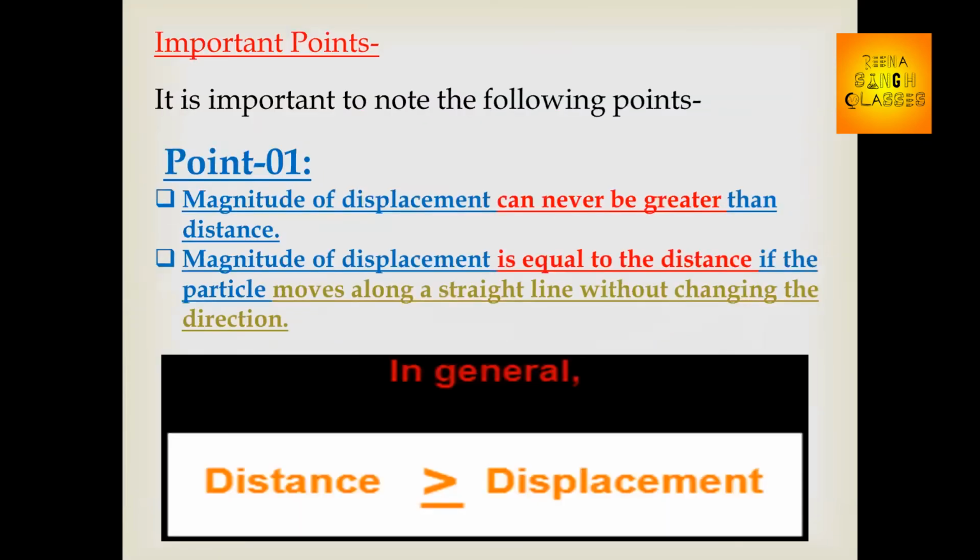Important points to note. Point 1: the magnitude of displacement can never be greater than distance. So distance is always greater than or equal to displacement. If an object is moving along a straight line without changing direction, the magnitude of distance is equal to displacement.